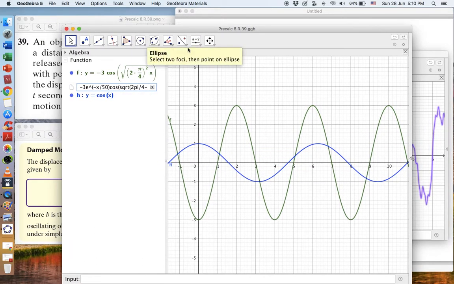B squared is 1, so 1 over 4m squared. M squared, 25 squared is 625 times 2, 1250. And we'll put an x on the end of that.